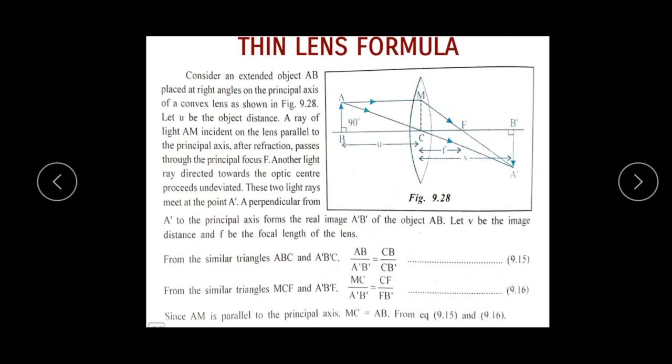Then, since we know that AM is parallel to the principal axis, in such a condition the distance is the same wherever you consider it. That's why MC is equal to AB. So now, in our equation 9.16, you can replace MC with AB.